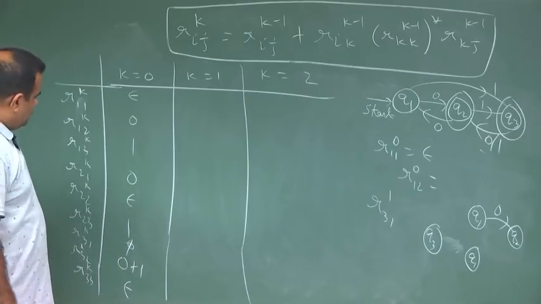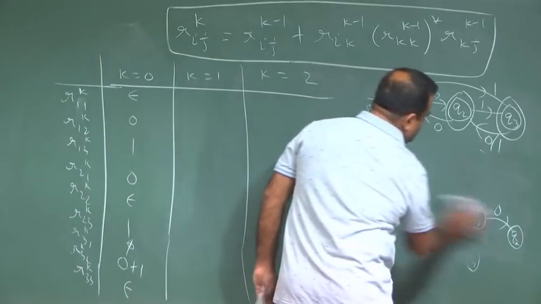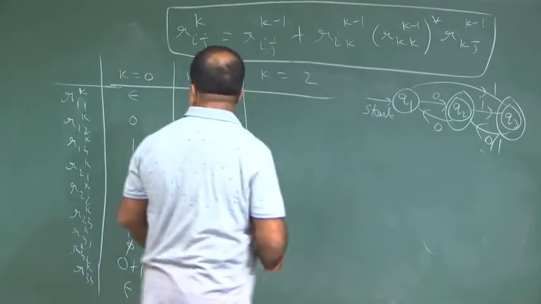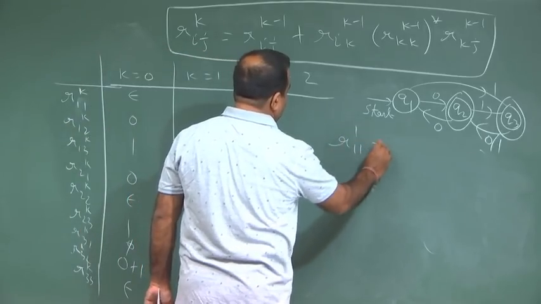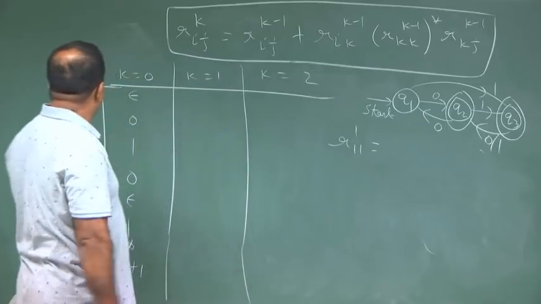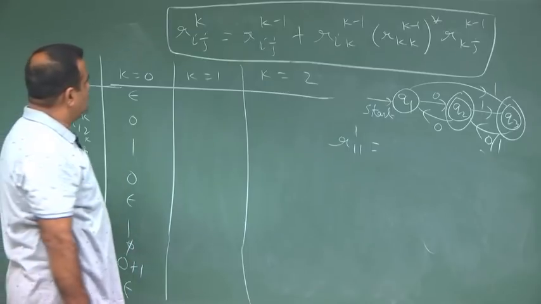Now we can find out the next k. For finding the next k, what do we need to do? Say, for example, we want to find R 1 1 1. To find R 1 1 1, we need to use this recurrence.